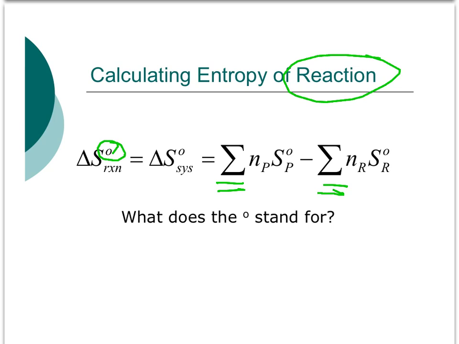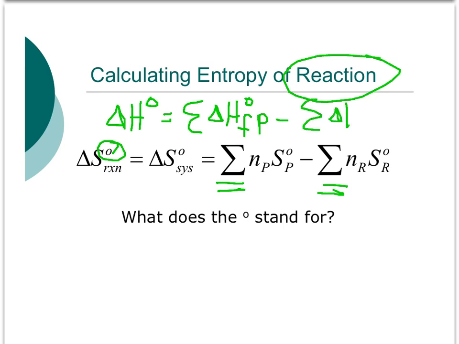You might remember doing enthalpy change calculations, ΔH° being equal to the sum of the heats of formation of the products minus the sum of the heats of formation of the reactants. Products minus reactants. You heard that quite a bit last year, and here it is, coming back.